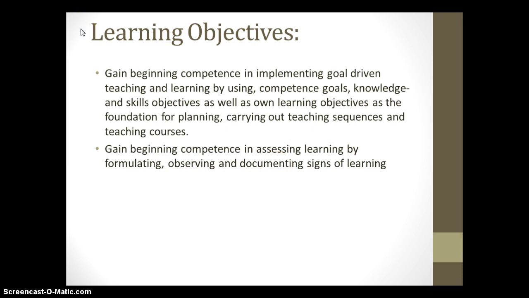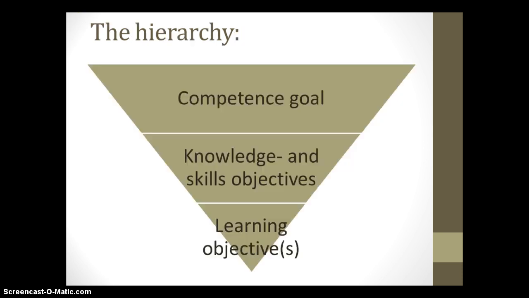As you've seen in my teaching as well, there is a hierarchy. First we have the competence areas. If we look at the Danish national curriculum for English, we have 3 competence areas. We have oral communication, written communication, as well as culture and society.